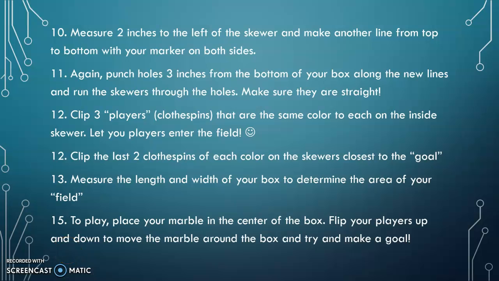Clip the last 2 clothespins of each color on the skewers closest to the goal. Measure the length and width of your box to determine the area of your field. To play, place your marble in the center of the box and flip your players up and down to move the marble around and try and make a goal.